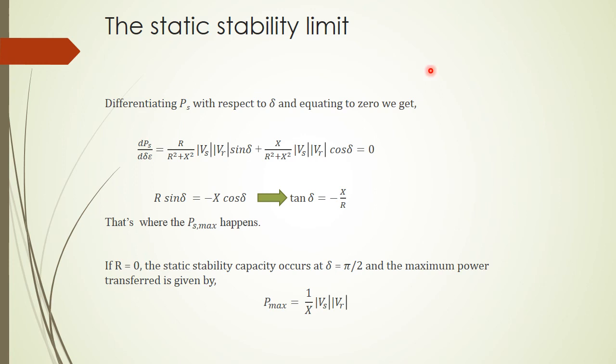When we transfer power between the two nodes, we can take the differentiation of power over delta, and then we figure out that it reaches the maximum value when tangent delta equal minus x over r. That is where the power is maximum. If the resistance of the transmission line is 0, the static capability of the transmission line occurs at delta equal pi over 2, and the maximum power transfer is given by this formula.